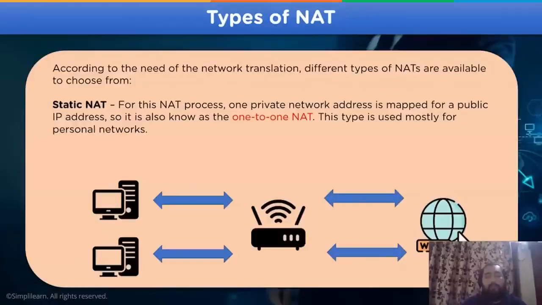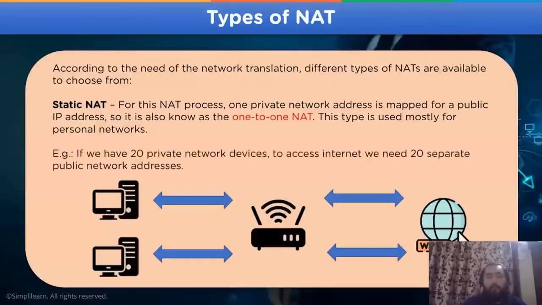That means if you have two devices in your private network, you'll have two different public IP addresses, one for each of the IP addresses available in your private network. Due to this property, static NAT is also known as one-to-one NAT and is mostly used for personal addresses.